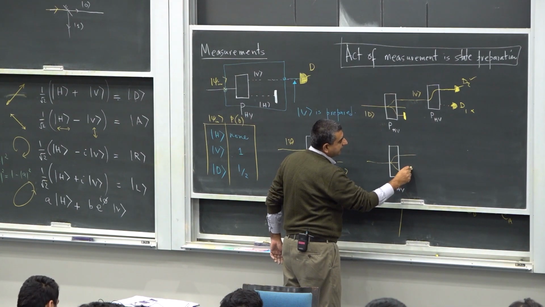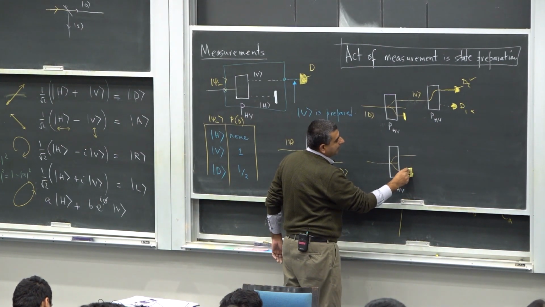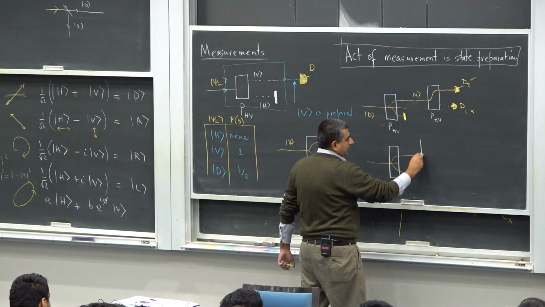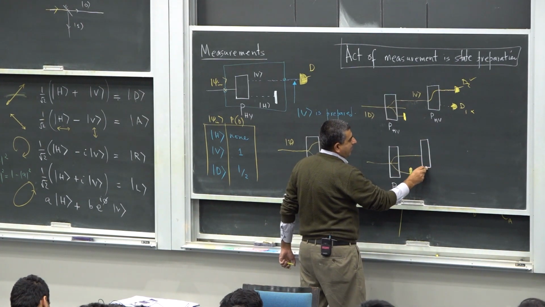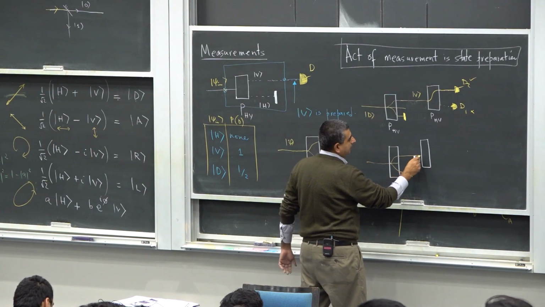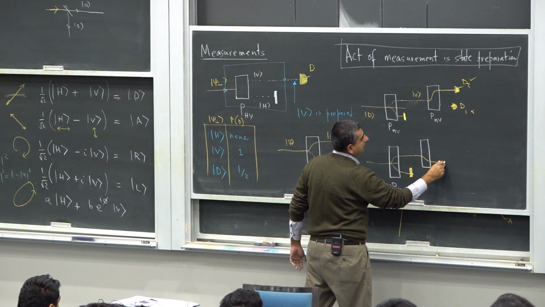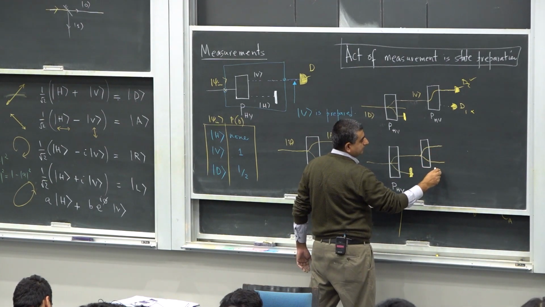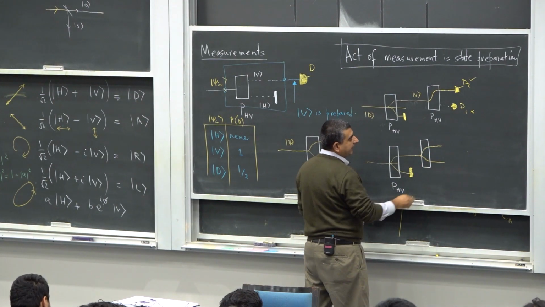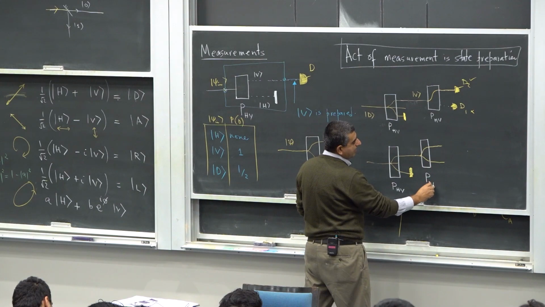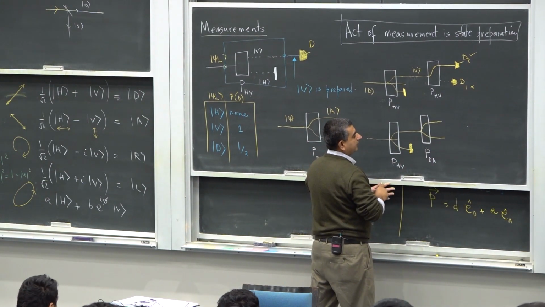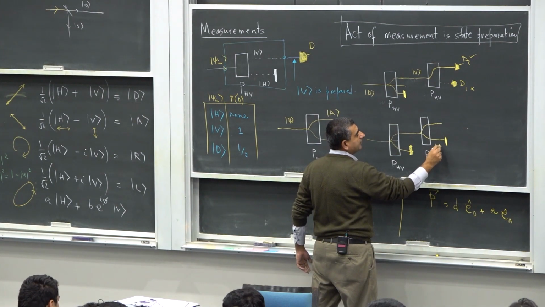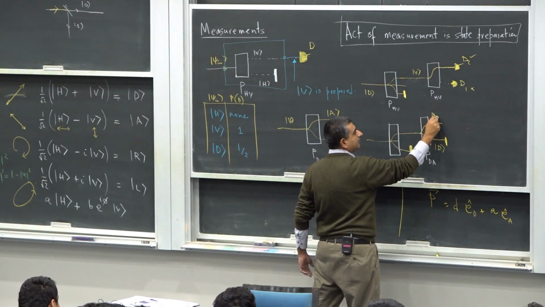a block here, this is my block. I put another beam splitter. Now this is a PDA. I have a block here. This is my D channel and this is my cat A channel.